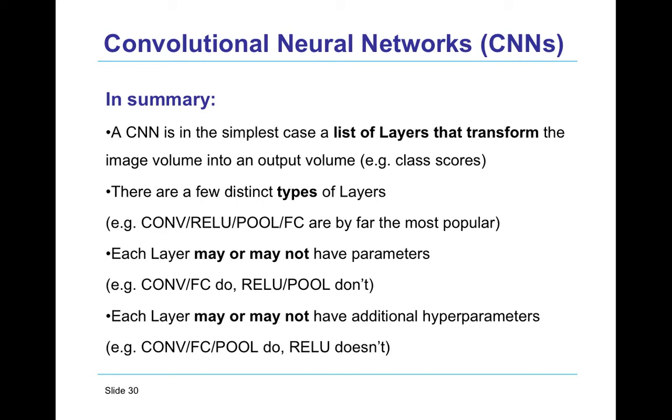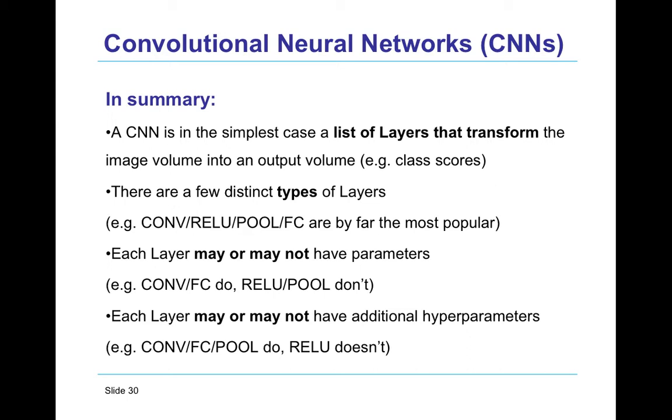Okay, so in summary, a CNN in the simplest case is a list of layers that transform the image into an output, generally class scores. And there are a few distinct types of layers. The most common ones are the convolutional, the activation, the pooling, and the fully connected one.